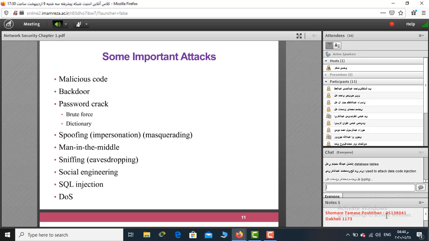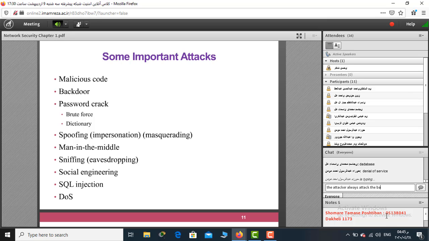DOS attack. You are familiar with DOS attack? Yes, denial of service. Very good. This is a type of attack where the attacker prevents and denies users from accessing their intended services.